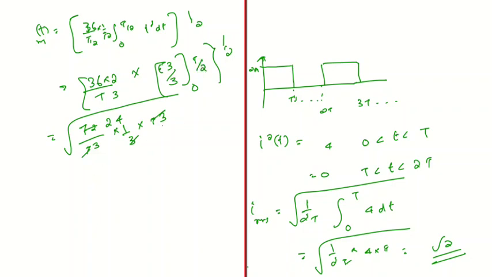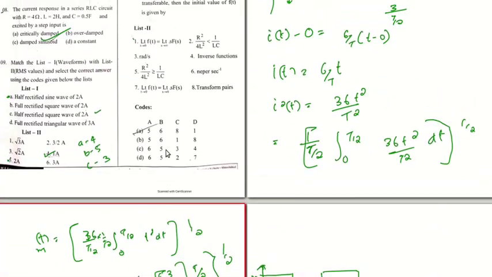It is actually T by 2, right? So it will be T by 2, divided T cube divided by 8. So it will be 3, that is root 3. So the last question's answer is root 3. It means D is root 3.